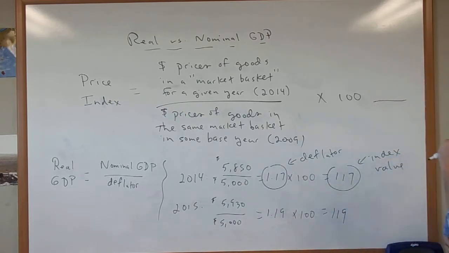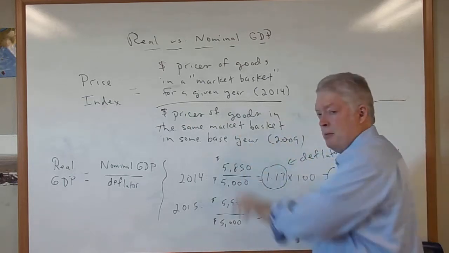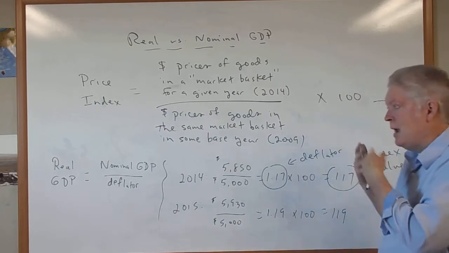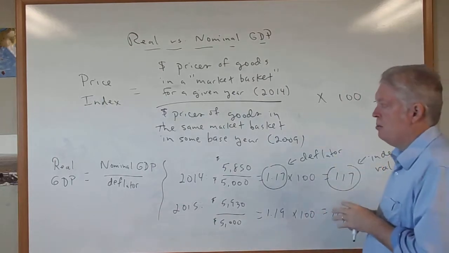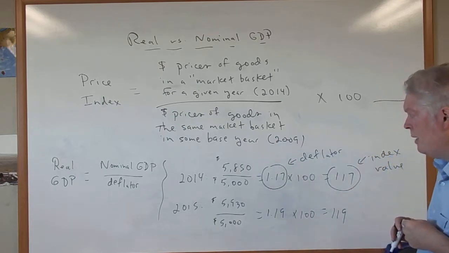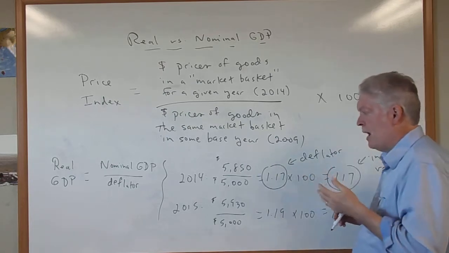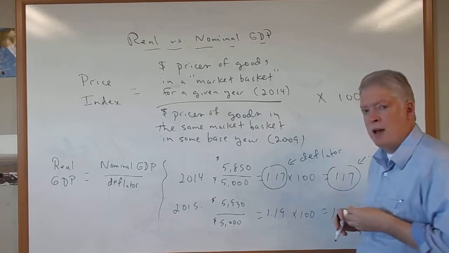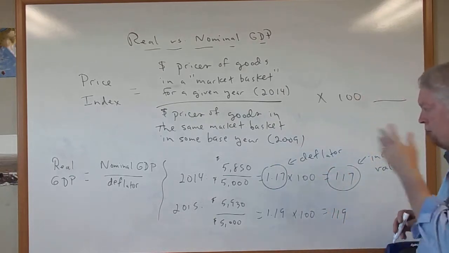And excuse me, while there are some shortcomings in how we compute these, notably what goes in the market basket, nonetheless, we have other indices like the implicit price deflator, which captures many more goods and allows us to get even more accurate views of what is happening with GDP, with the price level.